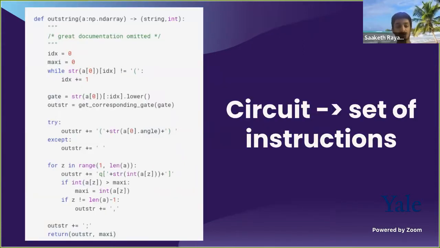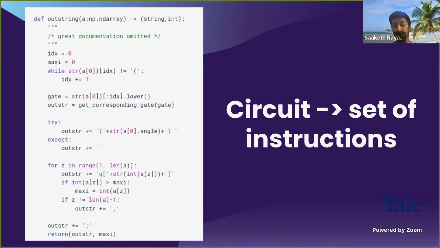After this, we went out to the outstring function where we inputted all those entries. And for each line, as I mentioned earlier, we would have, for example, the Hadamard gate with whatever inputs it required, and then the qubits that it was acting on. So first we had to separate the name of the gate.